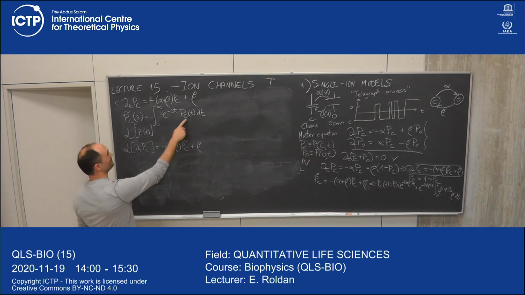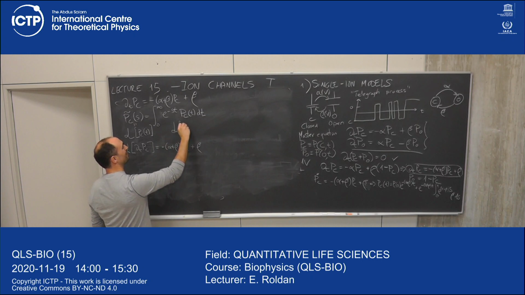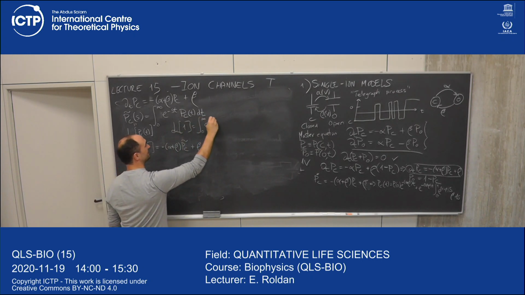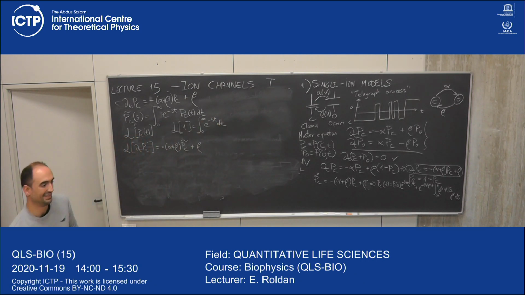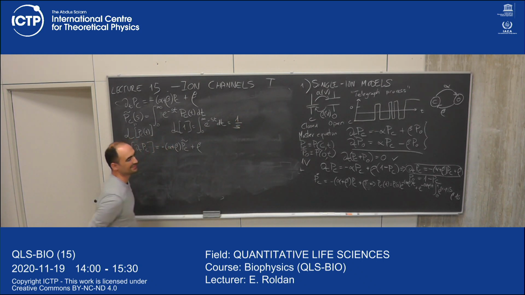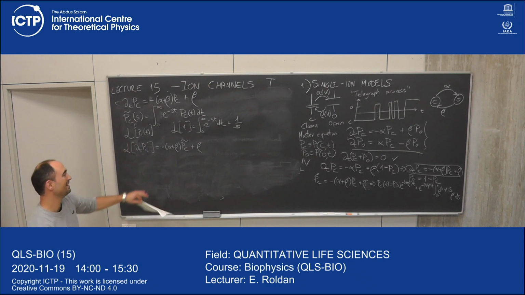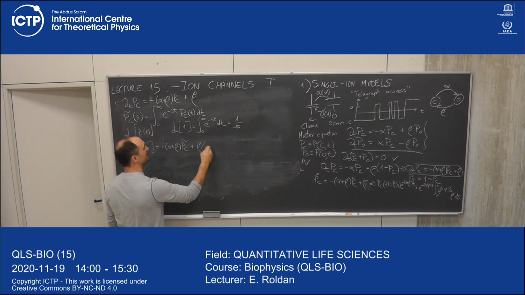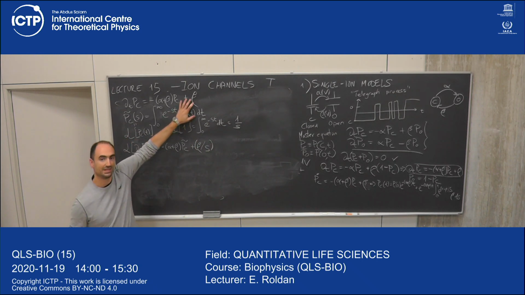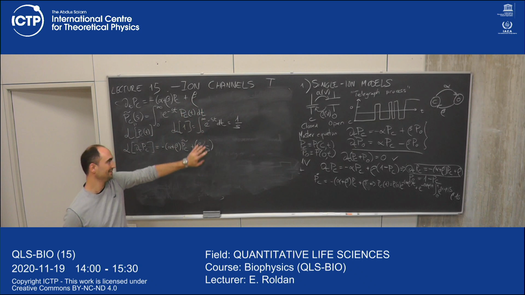That's very easy: it is the integral from 0 to infinity of e to the minus st dt, and this is 1 over s. So the Laplace transform of 1 is 1 over s, and this becomes beta divided by s.